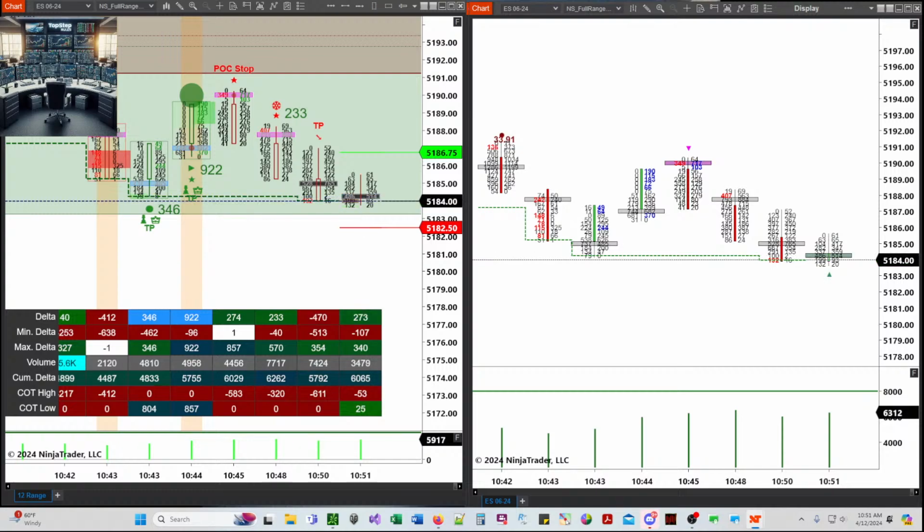You need to see 82 and a quarter. You need to see a close of this bar, correct, Morgan? You actually need this bar to close down, man.